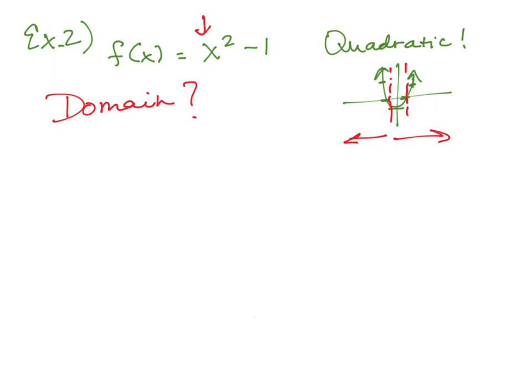Is there a number, any number, that if I plugged it in, I would get undefined? No. Well, if I plugged in 0, what do I get? -1, right? So there's no restriction on this domain. There's no time that this domain is broken.